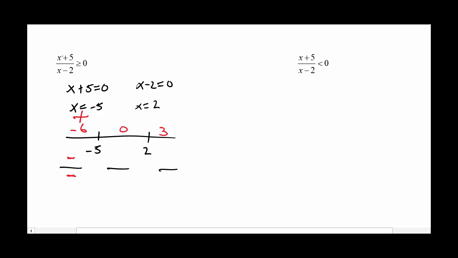Okay, let's try 0. 0 plus 5, I get a positive result, and 0 minus 2, I get a negative. So what happens when I divide a positive by a negative? I get a negative result. And then the last thing we'll do is the 3. So 3 plus 5, I get a positive answer. 3 minus 2, I get a positive. And what do you get when you take a positive over a positive? You get a positive result.